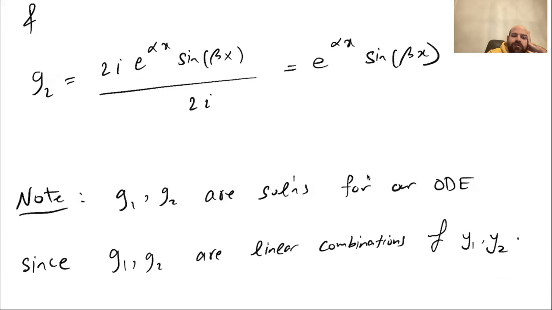And I just need to now verify that G1 and G2 are linearly independent, because I was looking for 2 solutions. I was looking for them to be real valued, and I also want them to be linearly independent. So if I can verify that they're linearly independent, then I'll get all I needed.